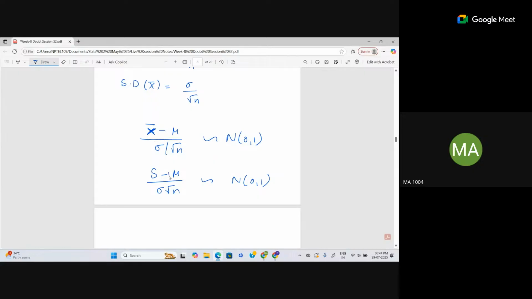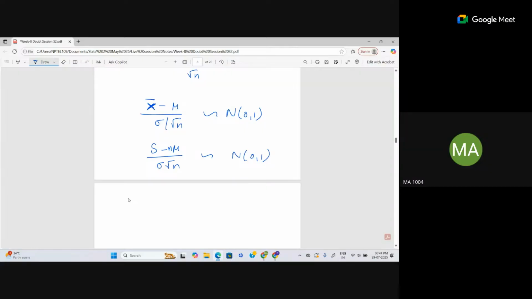Sorry, this is n mu. Those y and x are just for representation. In those questions that we solved yesterday, y was the summation we were taking, right? Summation of the random variables. And if you are taking x bar, then you have to divide by the mean, which is mu, and the standard deviation is sigma by root n.